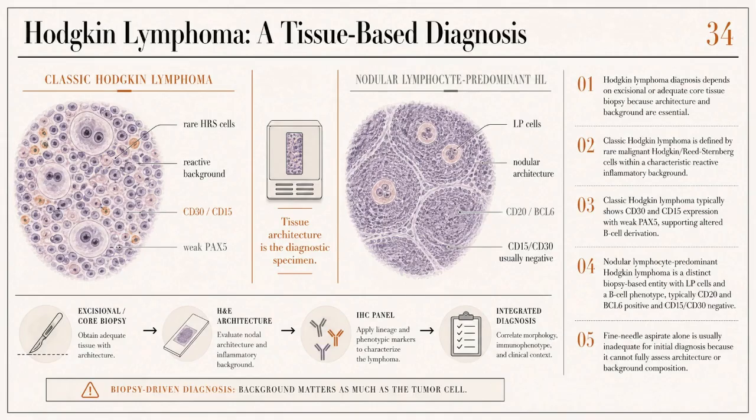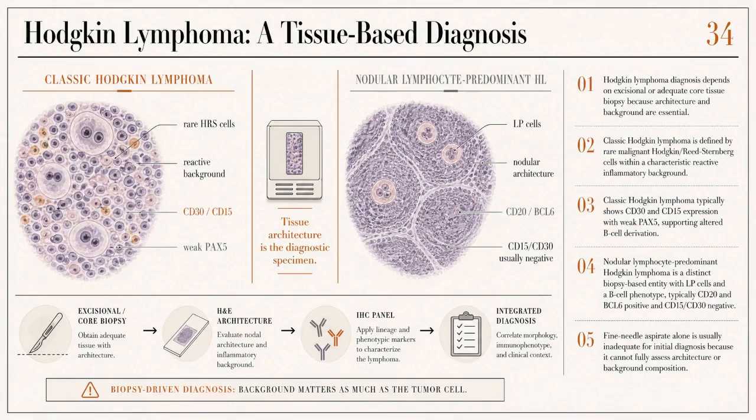However, flow cytometry has limited utility in classic HL due to the scarcity of Reed-Sternberg cells in suspension, emphasizing the primacy of tissue-based evaluation. Molecular and cytogenetic analyses can provide additional insights but are not routinely required for diagnosis.